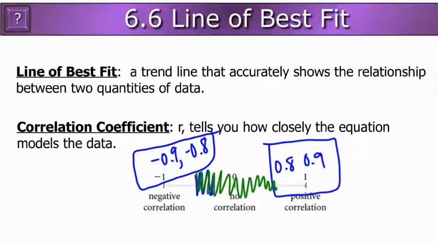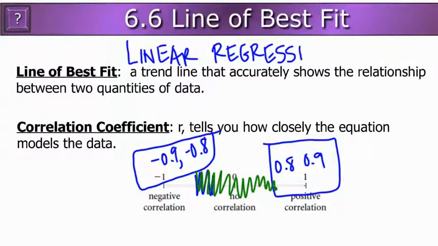Right now we're just going to talk about linear regression, is what it's called. Linear means it's going to make a straight line. So you'll hear this referred to as linear regression. If you're using a TI calculator, you would want to Google linear regression in your Google toolbar and look for videos that will show you how to do linear regression with a TI calculator.